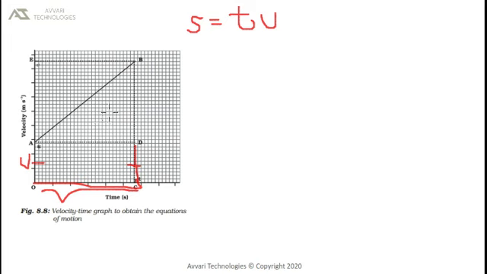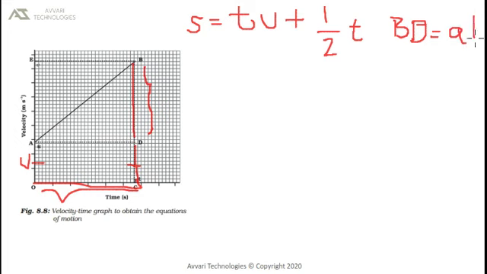Now let us calculate the area of this triangle. It is equal to half into base. Base is the time interval T, and the height is BD. From the previous proof, we know that this length BD is equal to acceleration times time.